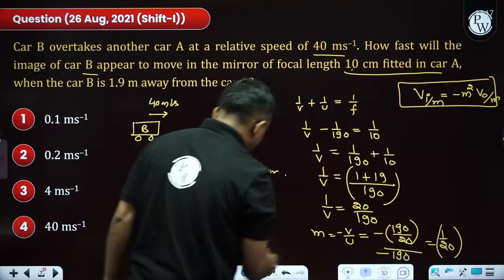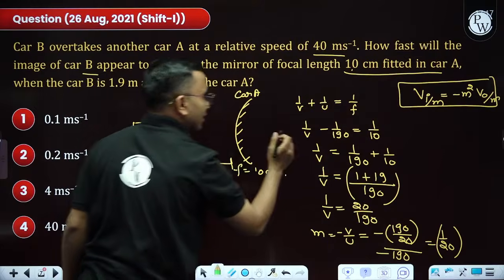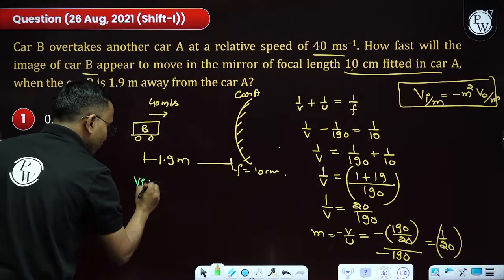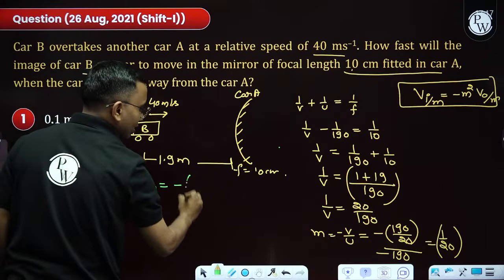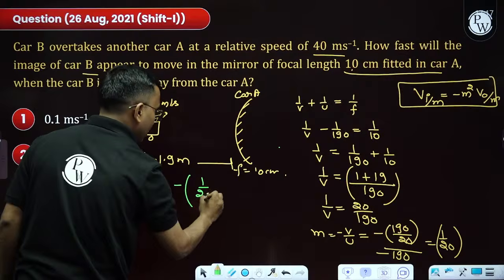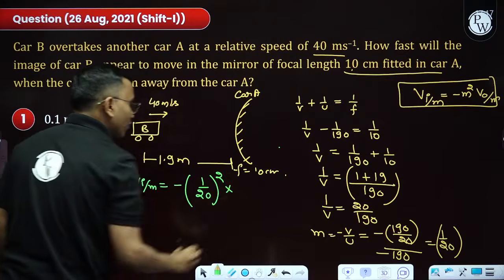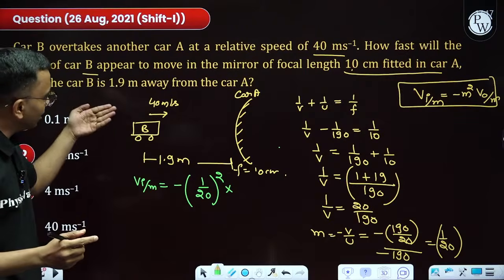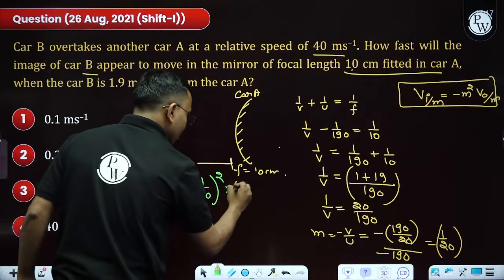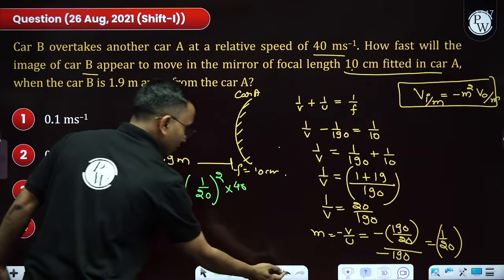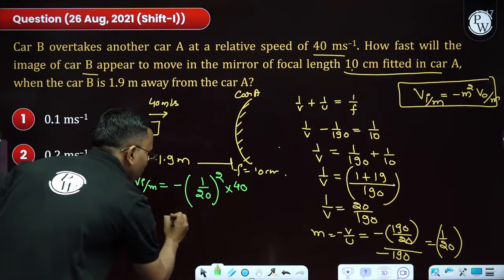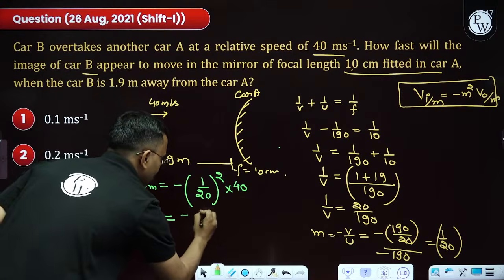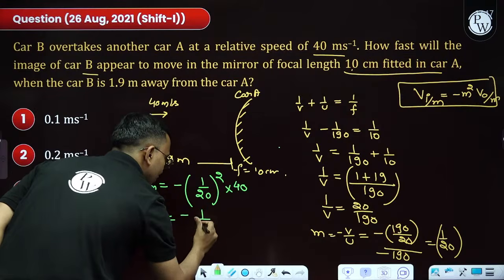Then I'll say that my velocity of image with respect to mirror is equal to minus m square, na? Minus, what is m? 1 by 20. 1 by 20 square into velocity of object with respect to mirror, that was 40. See this, this is minus 1 by 400 into 40, which is minus 1 by 10.